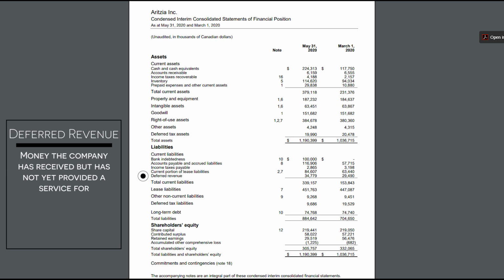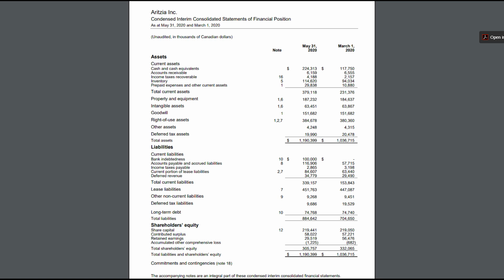So much like the prepaid expense being considered a cash asset because they'll receive whatever they paid for without the capital expense in the future, the deferred revenue means they're going to have to give product and not receive cash in return. So that is Aritzia's portion of total current liabilities, which sit at around $339,157,000.